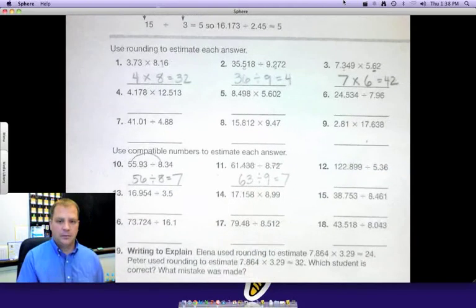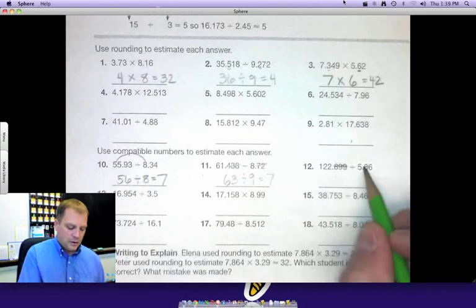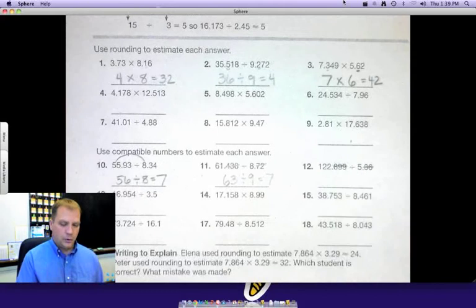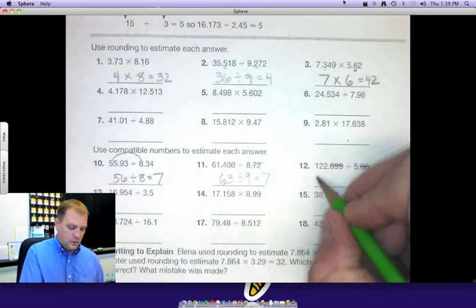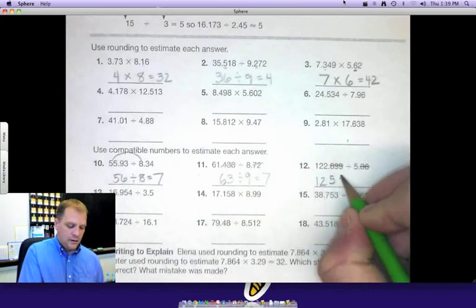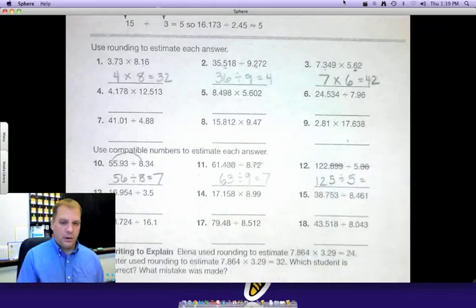I have 122, and again, I'm going to ignore the places to the right of the decimal point. 122 divided by 5. Can't do that one in my head, but I certainly can do 125 divided by 5 in my head, and 125 divided by 5 equals 25.